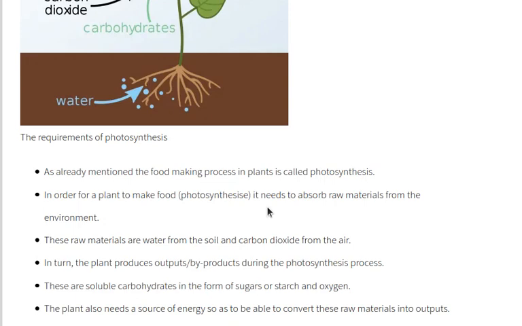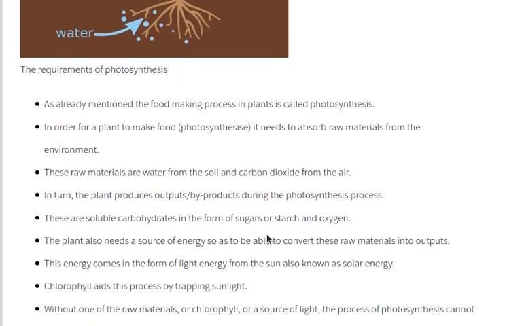Those are the conditions necessary. Then the outputs, or the byproducts, we have two, which are carbohydrates and oxygen. Yeah, that's basically it as far as factors, inputs and outputs are concerned.